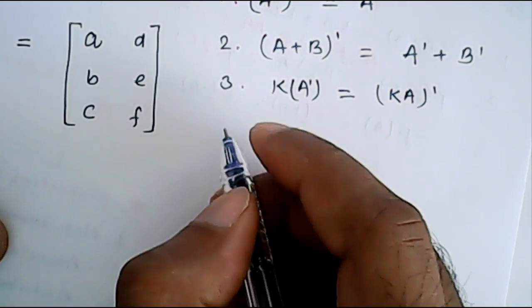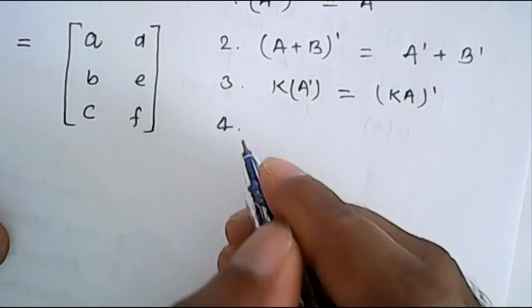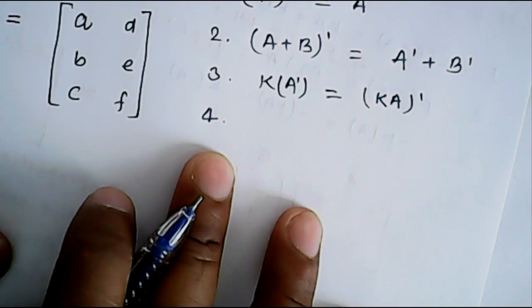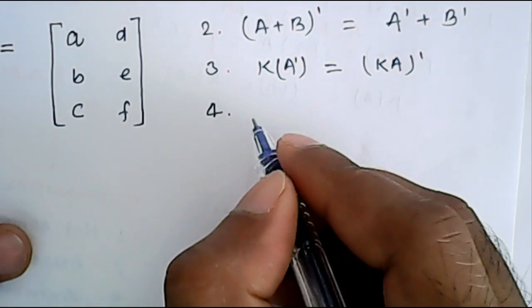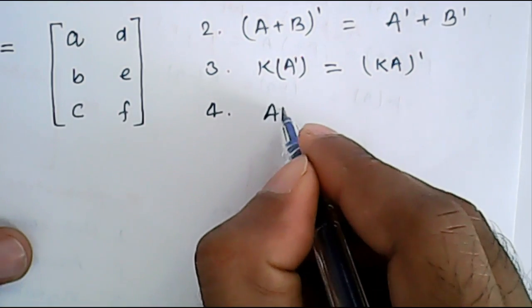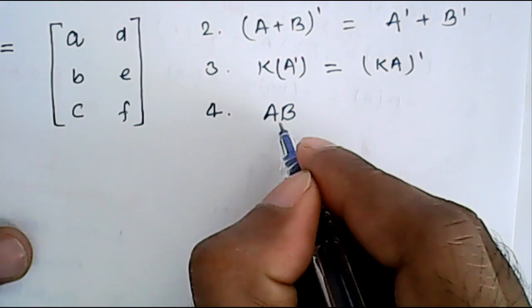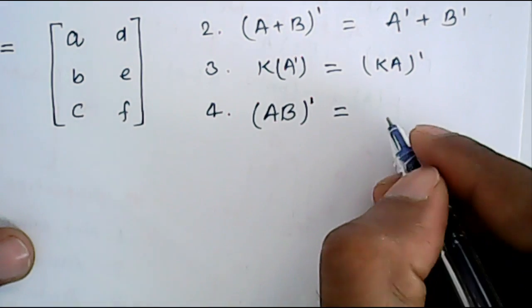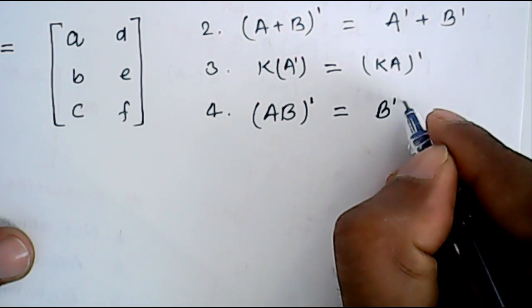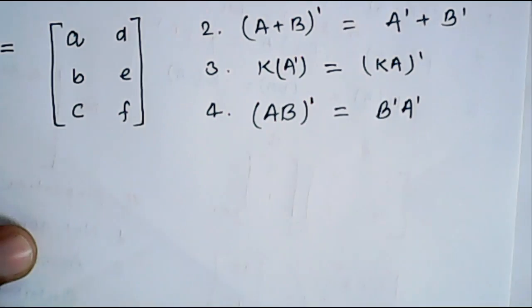Now I'll come to the most important, the only important property of transpose, which is multiplication. If we multiply A B and take the transpose, this will be equal to B transpose A transpose.